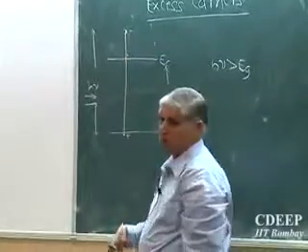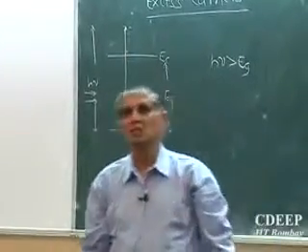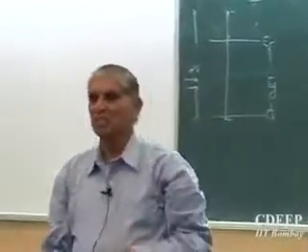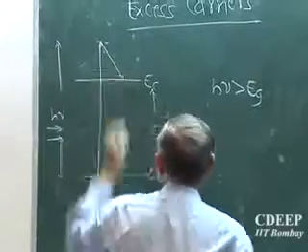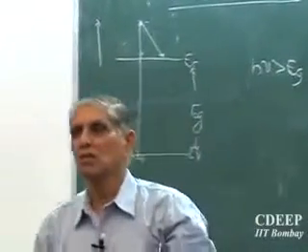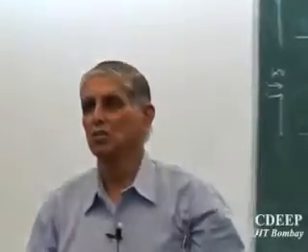But according to our theory of semiconductors, for that matter any material, the electrons will not remain at the highest energy; they will try to occupy the lowest energy state available. Let's say it is available at EC, so electrons will actually come down from the higher energy to a lower energy.